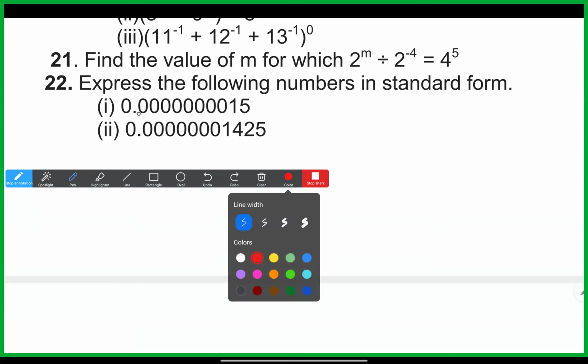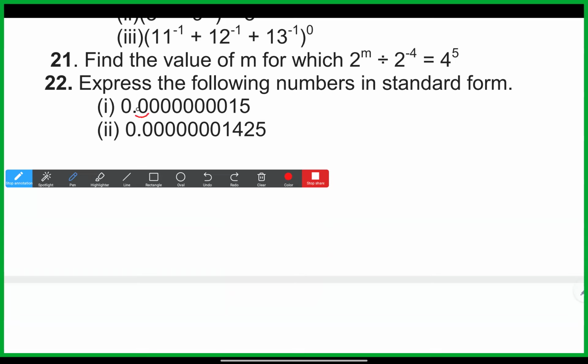From the existing place, how many places are you shifting? Once counted: 1, 2, 3, 4, 5, 6, 7, 8, 9. Why am I stopping here? Because I'm keeping the decimal in such a way that before the decimal there is one non-zero number, which is 1 here.